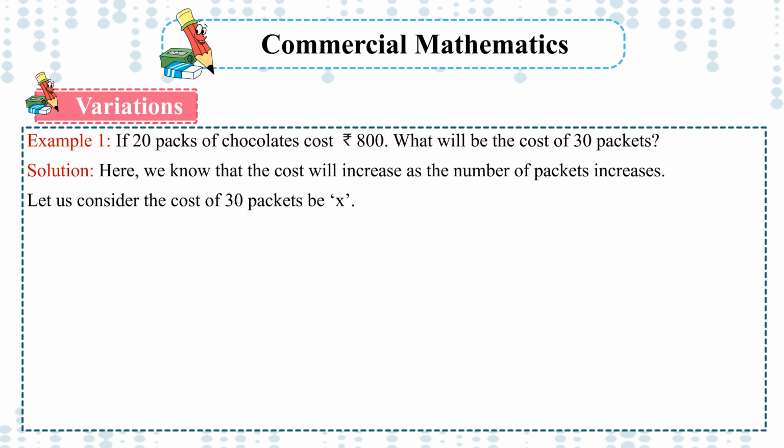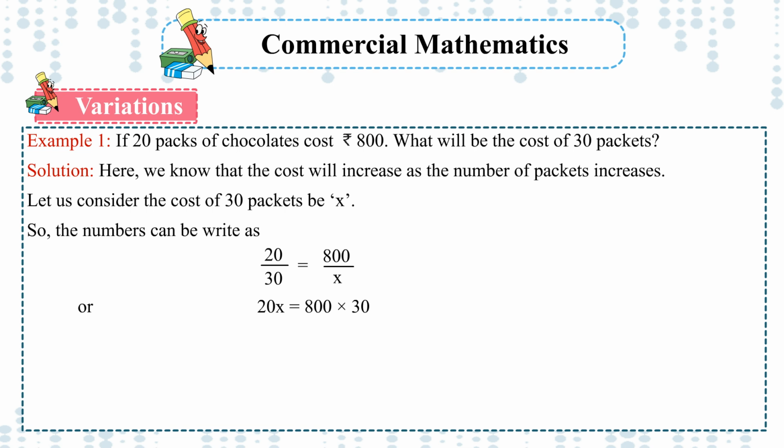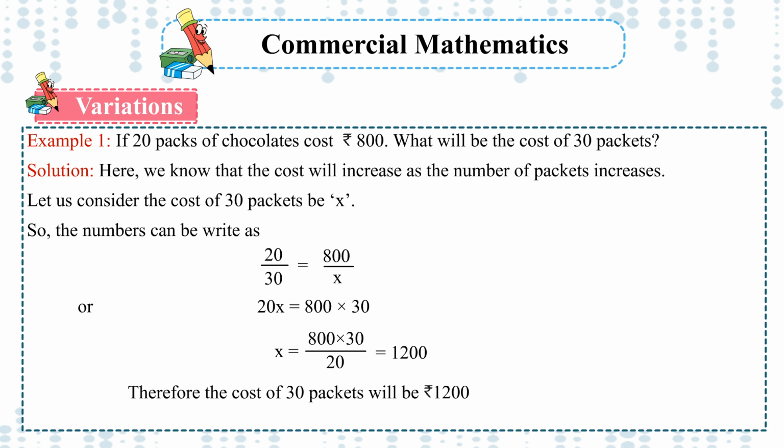Let us consider the cost of 30 packets to be X. So, the numbers can be written as 20 upon 30 is equal to 800 upon X, or 20X is equal to 800 multiply 30. X is equal to 800 multiply 30 upon 20, which is equal to 1200. Therefore, the cost of 30 packets will be 1200.